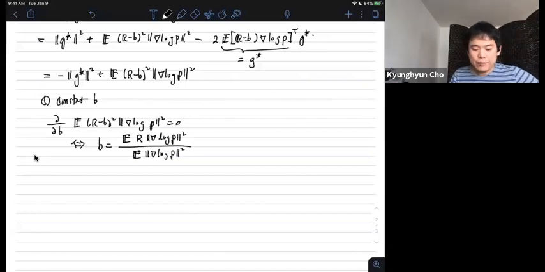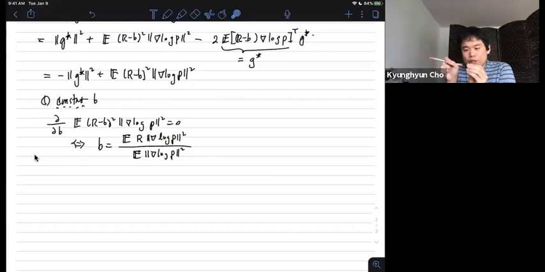So this is the optimal B that we can compute if B was constant, in order to minimize this variance. That is, if we set B to be this particular value rather than just 0, which is the original, then we can reduce this variance. That is, how much deviation do I have from the true gradient every time?